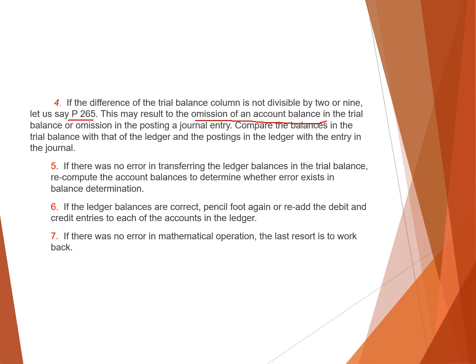Okay? Pag sa ledger, ang gawin mo, i-recompute mo lahat. Baka meron kang maling calculation. Ngayon, after mo ma-compute lahat, wala namang mali, saka ka babalik sa journal. Baka naman, from journal, pag nilipat mo sa ledger, dun ka nagkamali. Okay, so ganun yung tip.